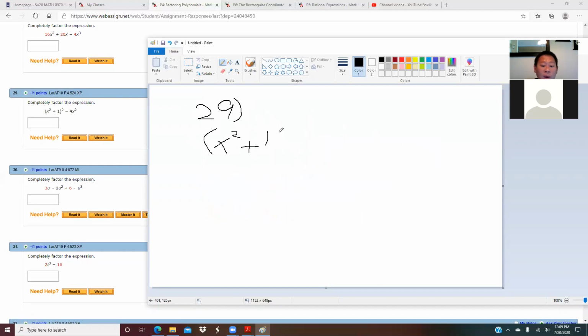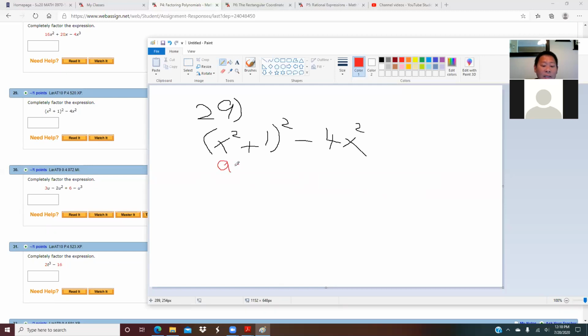Question 29 is what we call a difference of squares of binomials, because these 2 are your binomials, they are perfect squares, and then you have a minus sign. In this case, we can figure out what your A and your B are.